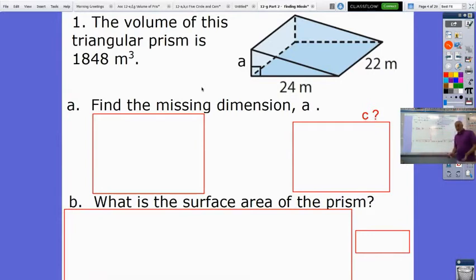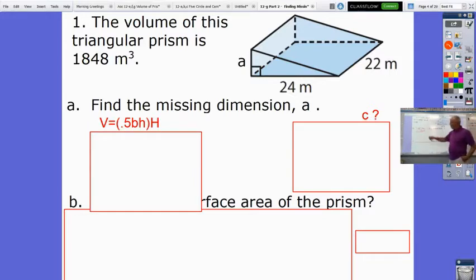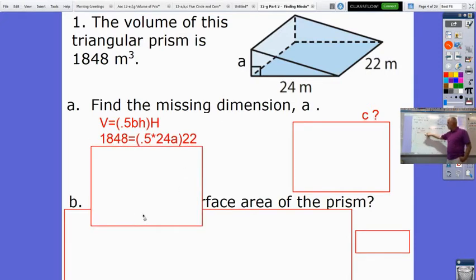Well, the volume of a triangular prism is the area of the base, that's 1/2 base times height, times the height of the prism, which is the distance between the triangles, 22. So 0.5 times base times height, times the height of the prism. I know the base is 24, but I don't know what A is, so it's 0.5 times 24 times A times the height 22 of the prism equals the 1,848 cubic meters.